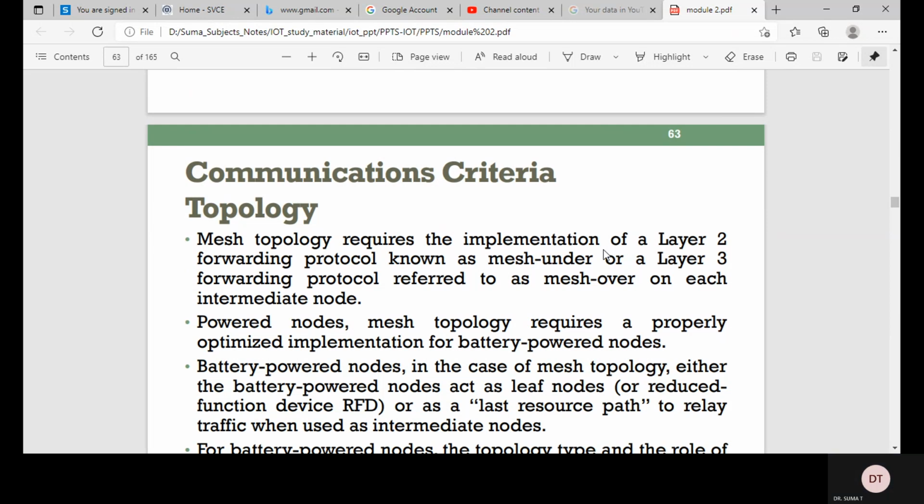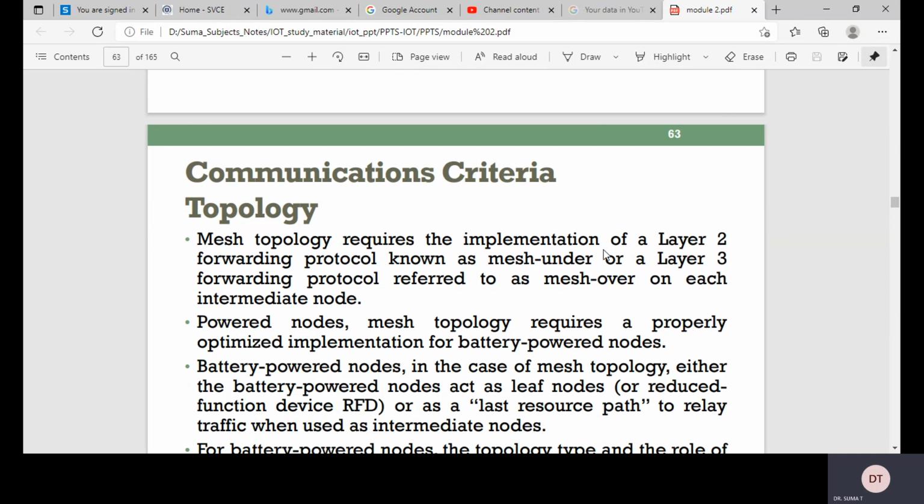In IoT network architecture, a full function device, FFD, is simply a node that interconnects to other nodes. A node that does not interconnect or relay the traffic of other nodes is known as a leaf node or reduced function device, RFD, or as the last resort.